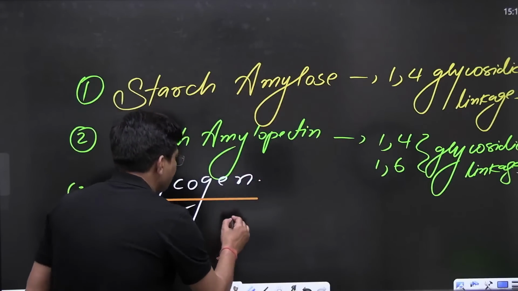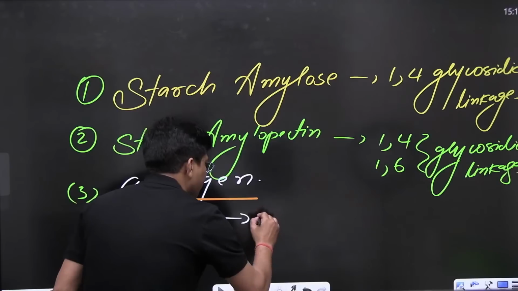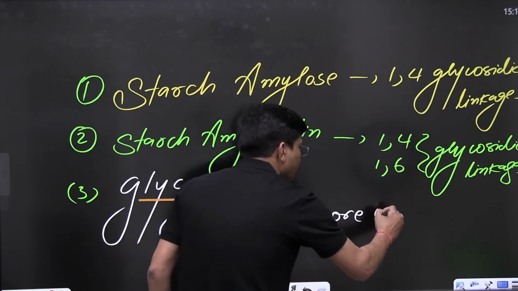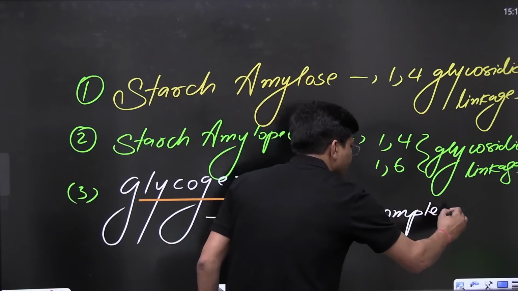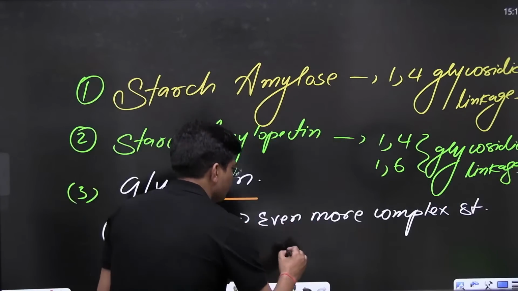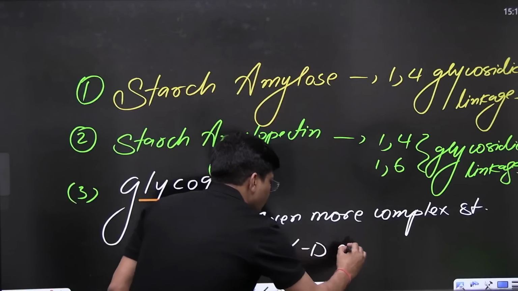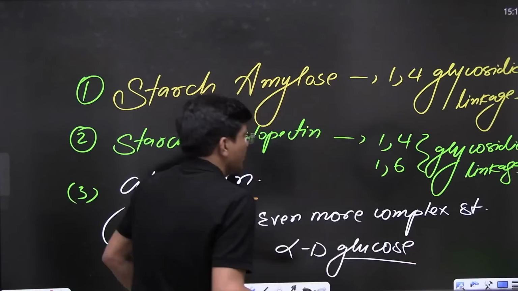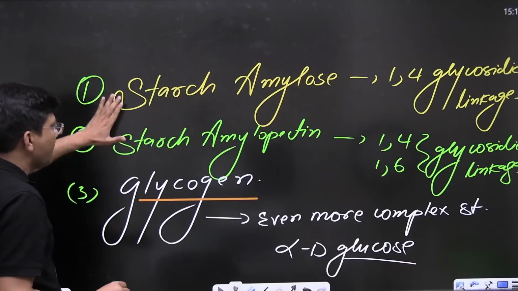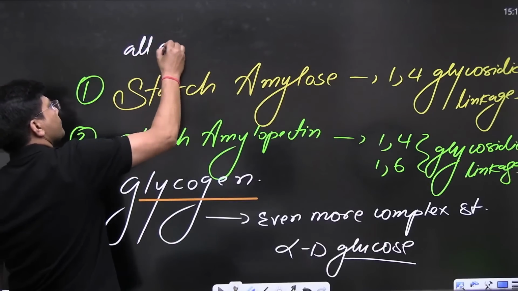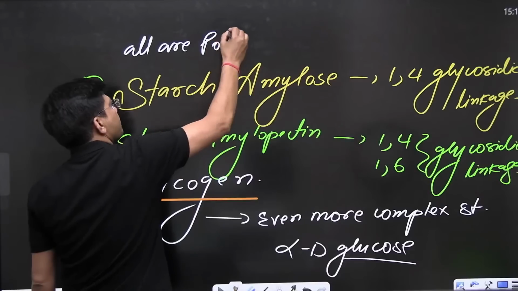So this is an even more complex structure, and this is also made up of alpha D glucose only. So these three compounds are all polymers.